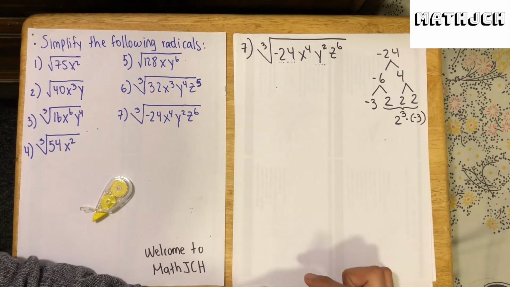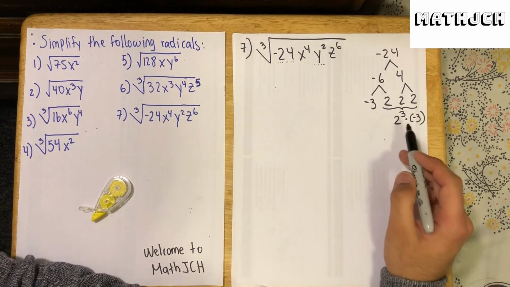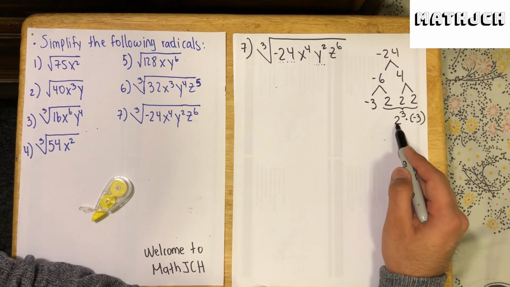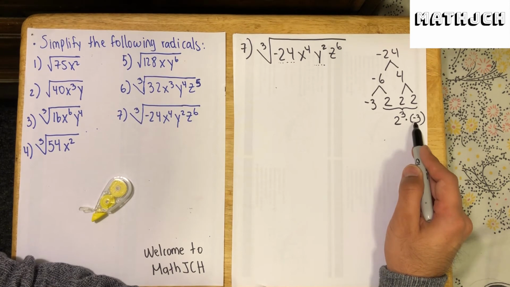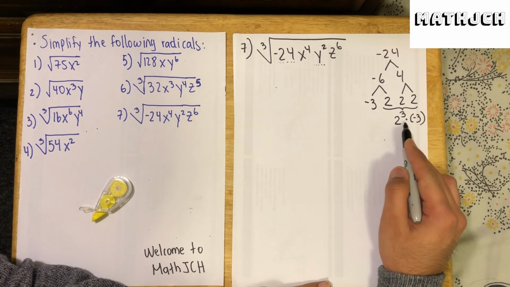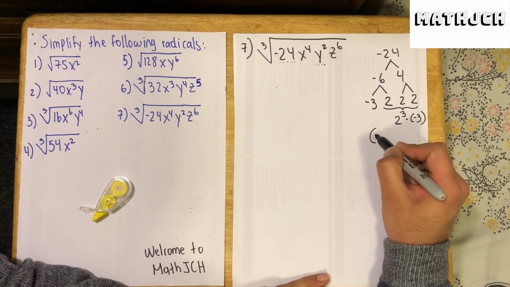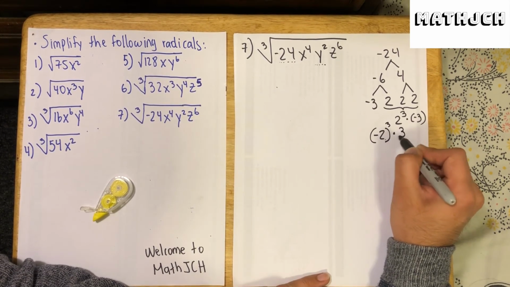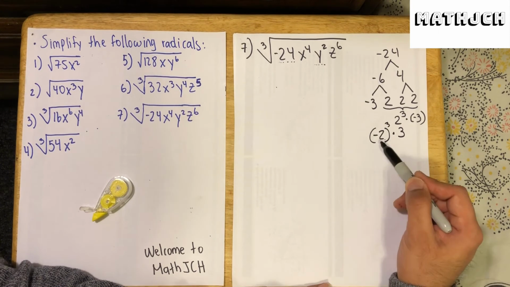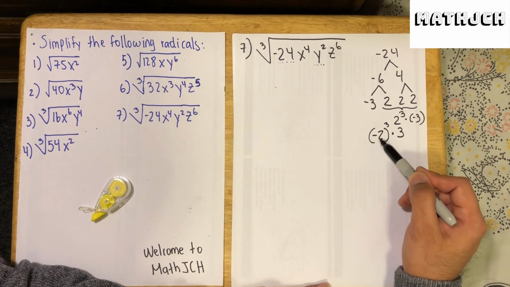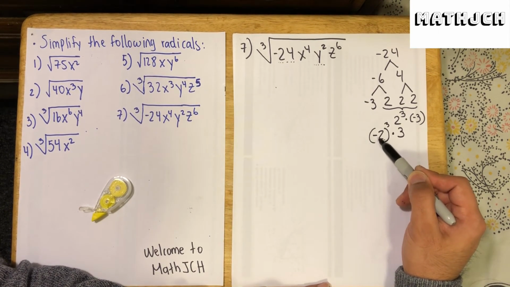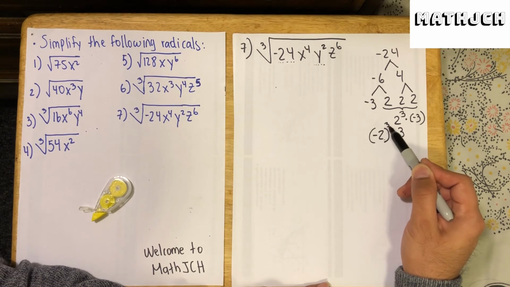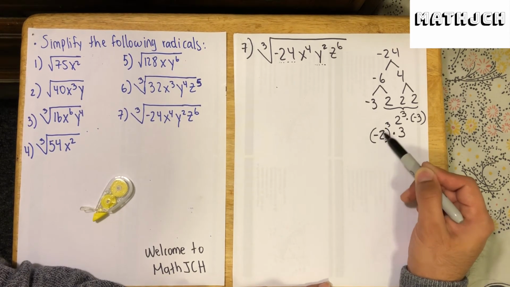But here is the tricky situation that we have. We could also make that 2 negative and keep that 3 positive. That means that we could do the 2 as negative with power 3 and the 3 becomes positive. Why? Because any negative number that is raised to an odd power will always give a negative answer.